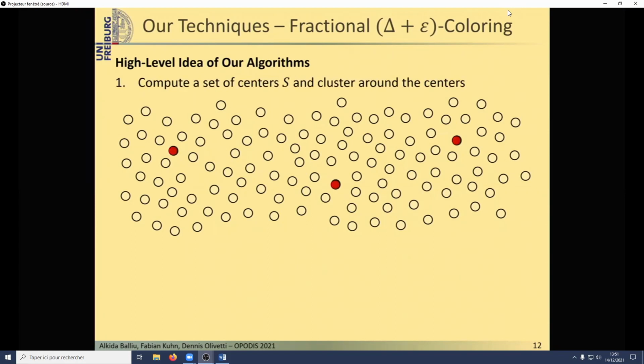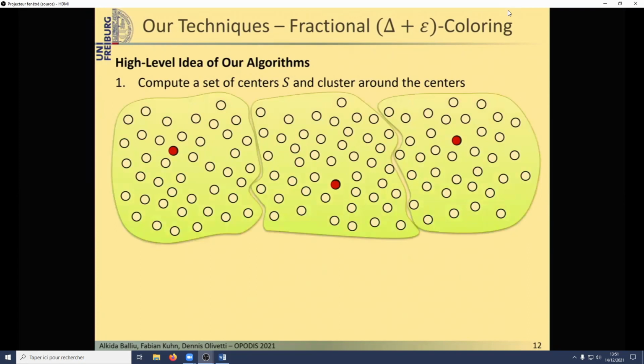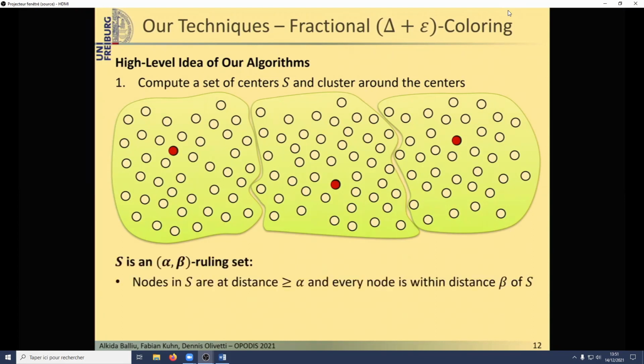As a first step, we compute a set of centers, and then we cluster around these centers: you compute centers and every node just joins the closest center as a cluster. So how do we compute these centers? That's also a standard tool from the literature. We use so-called alpha-beta ruling sets.